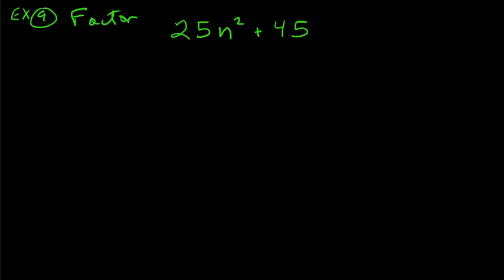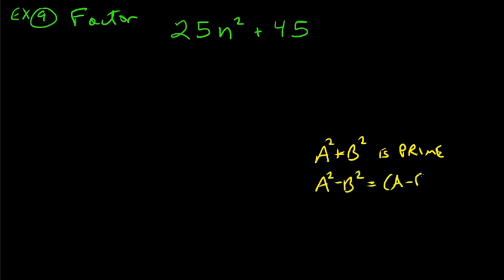Okay. We want to factor 25n squared plus 45. And here again is the plus sign. And if you remember, a squared plus b squared, we're going to consider that to be prime. It's only the difference of squares, a squared minus b squared, that is factorable.